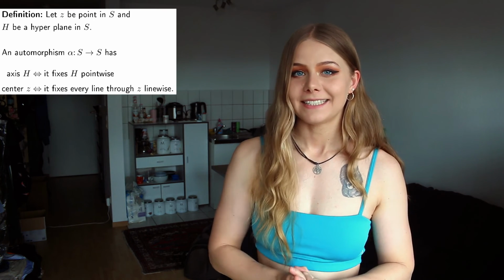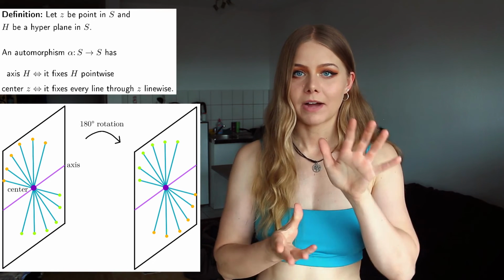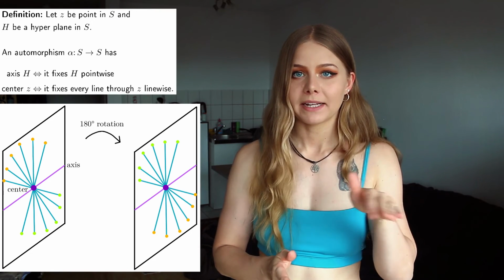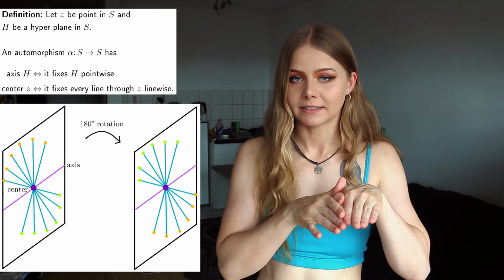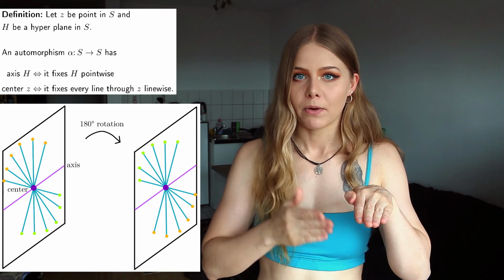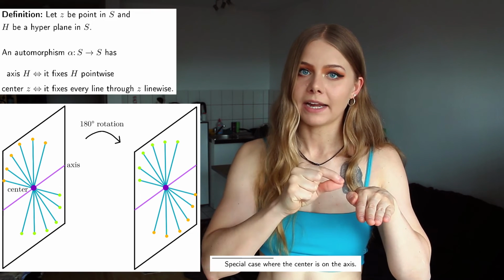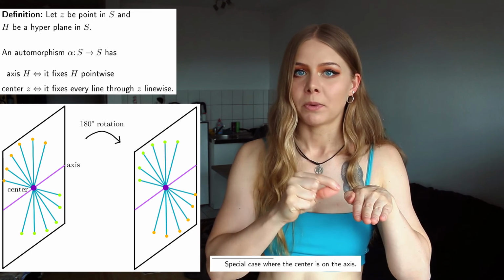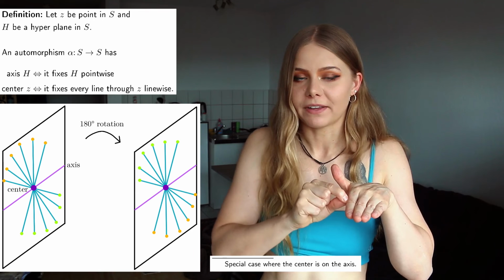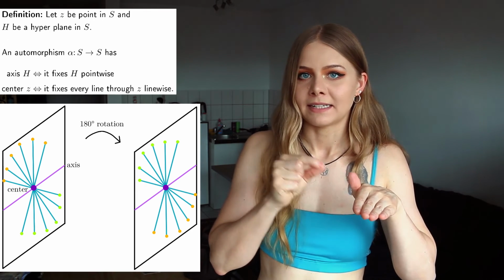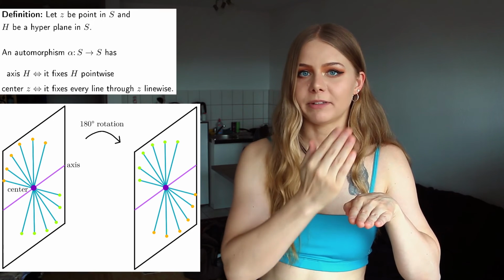This is again easier to understand with the picture. So suppose we are in a plane, then our hyperplanes are lines. Let's pick a line H, and this line has to be fixed pointwise. Then let's also pick a point as a center. In general, the center does not have to lie on the hyperplane, but let's say our center is just in the middle of that line, and we call the center Z. So now every line through Z has to be fixed line-wise.